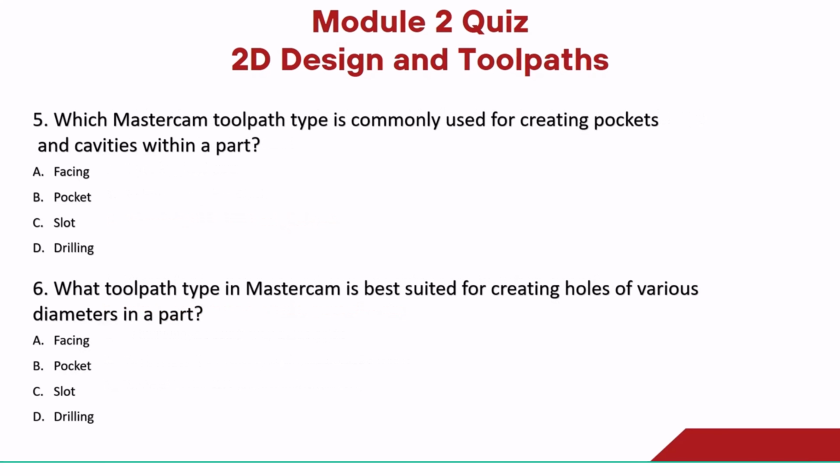So the next question is, which MasterCAM toolpath type is commonly used for creating pockets and cavities within a part? Option A, facing. Option B, pocket. Option C, slot. And option D is drilling.